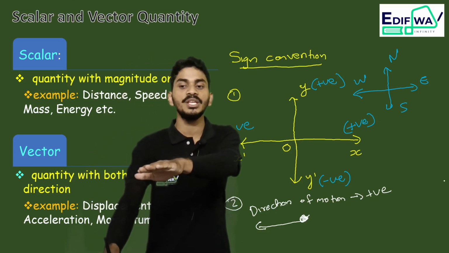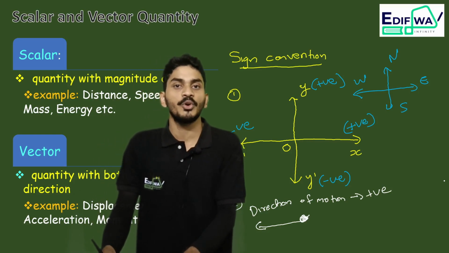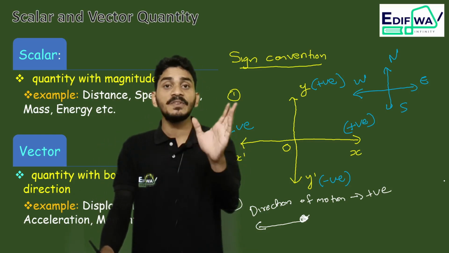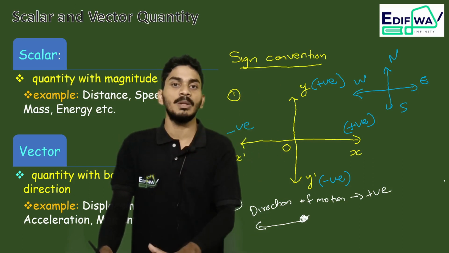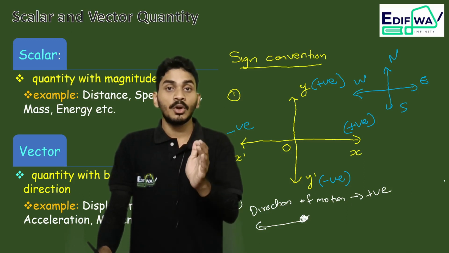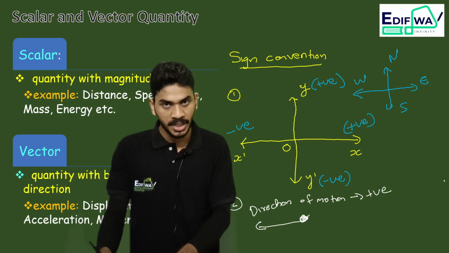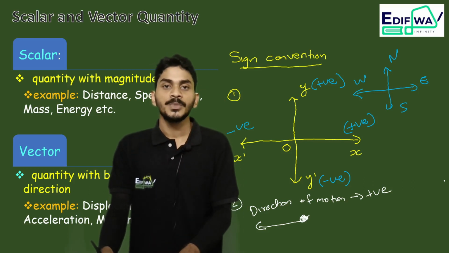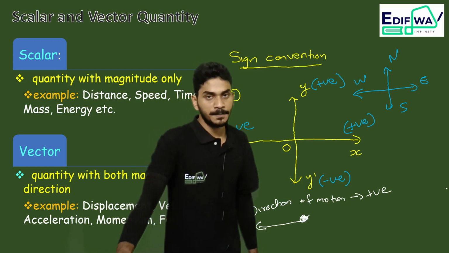Since the body is moving in the left direction, that left direction is considered as positive. So every vector physical quantity in the left direction will be positive, and every vector quantity in the right direction, that is opposite to the direction of motion, will be negative. Okay, that is the other way for giving sign to the vector quantity.